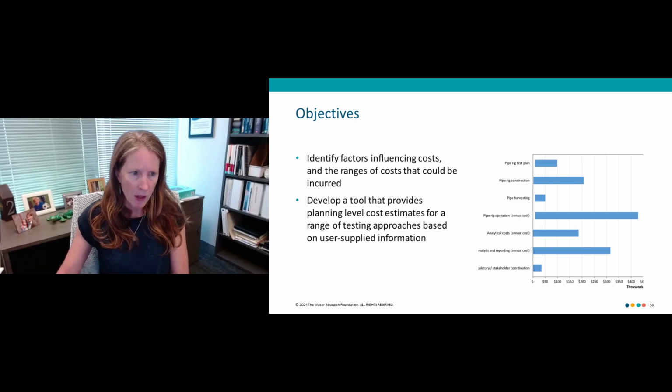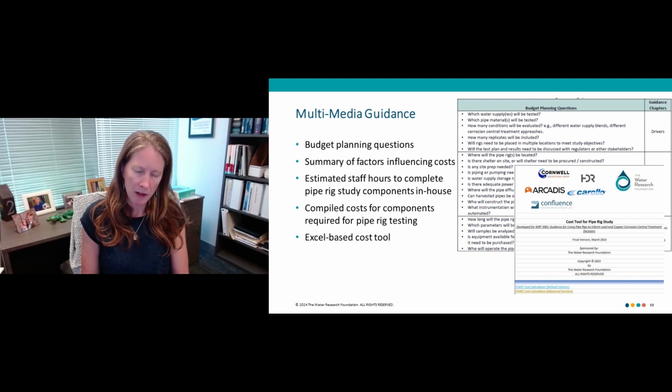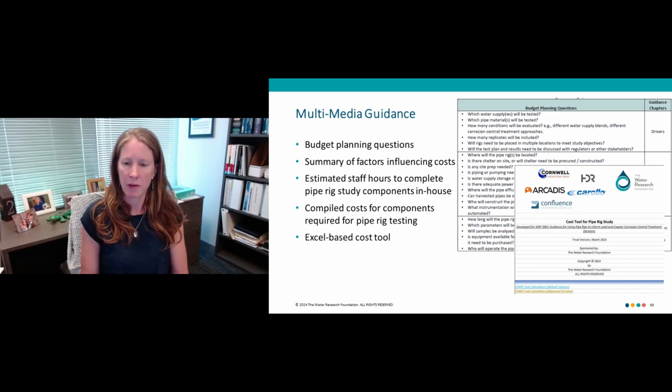So as part of the project, we developed multimedia guidance. In the report for the WRF project, we have this table shown at the right that lists budget planning questions that utilities can go through at the onset of their study to think through how they want to do the pipe rig testing, and those questions specifically relate to how much the pipe rig study might cost.